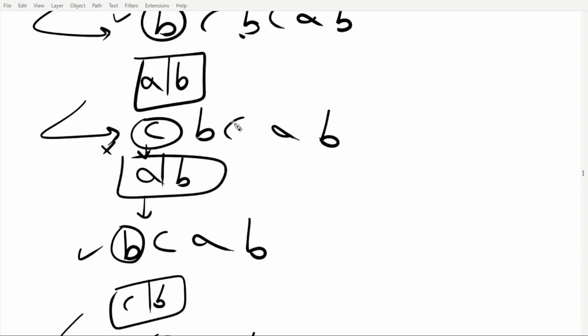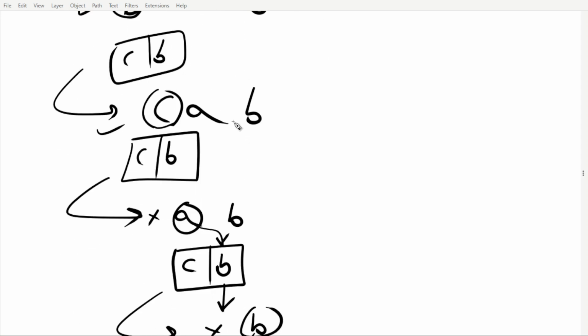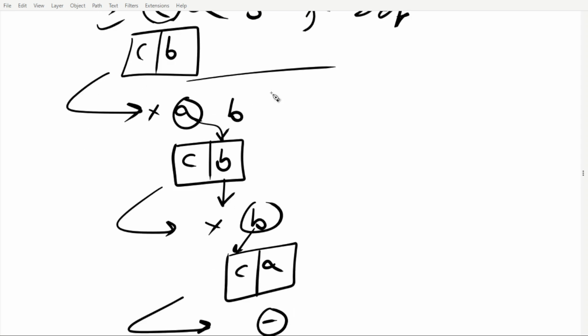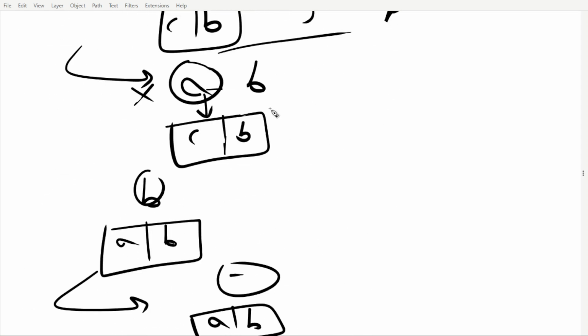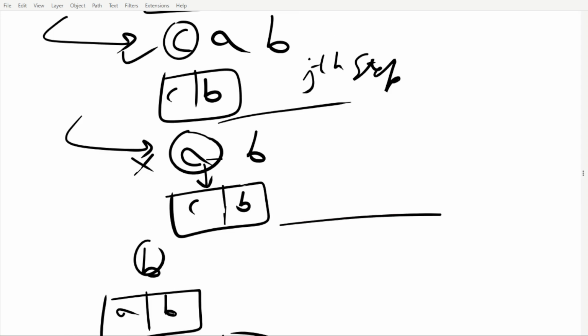So here also in LRU CAB, this is our jth step, and after that we have the j plus first step. And there also AB, this is the j plus first step.